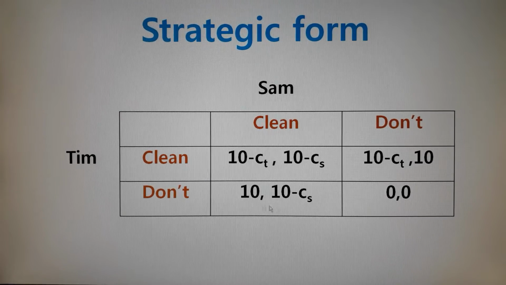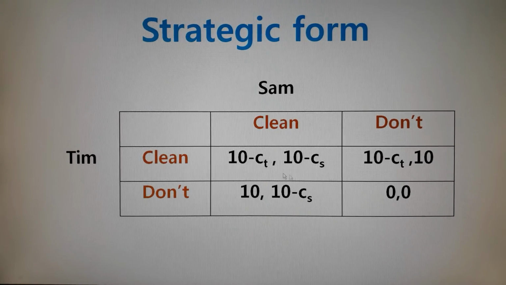Likewise, Tim is never going to clean it. That high cost 15 occurs for each of Sam and Tim with probability 1/3. With probability 2/3, Sam and Tim are low cost guys. So in that case, C_S and C_T can be 5. In that case, even though the other person does not clean it, Tim and Sam would clean it.